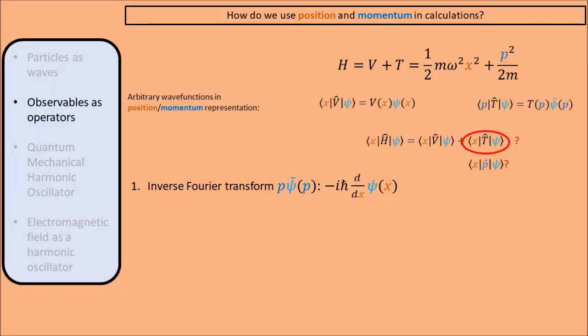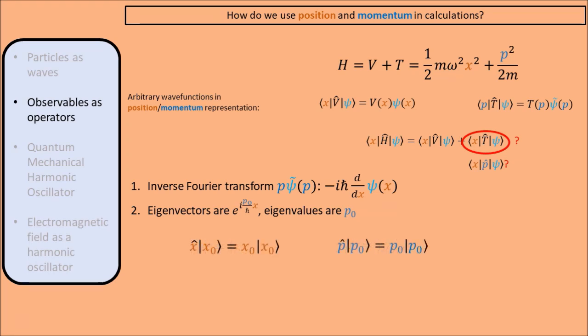Another way to find the same result is by considering the eigenvectors and eigenvalues of the momentum operator. Let's consider once more the case where the state has a definite position x0 or a definite momentum p0. We saw that when applying the position or momentum operator to such a state, the state is simply multiplied by the corresponding position or momentum value.